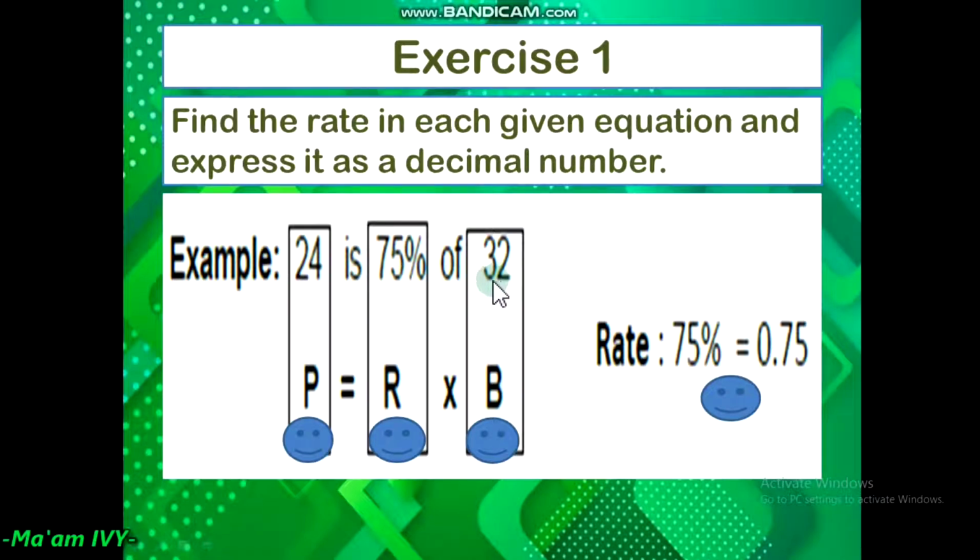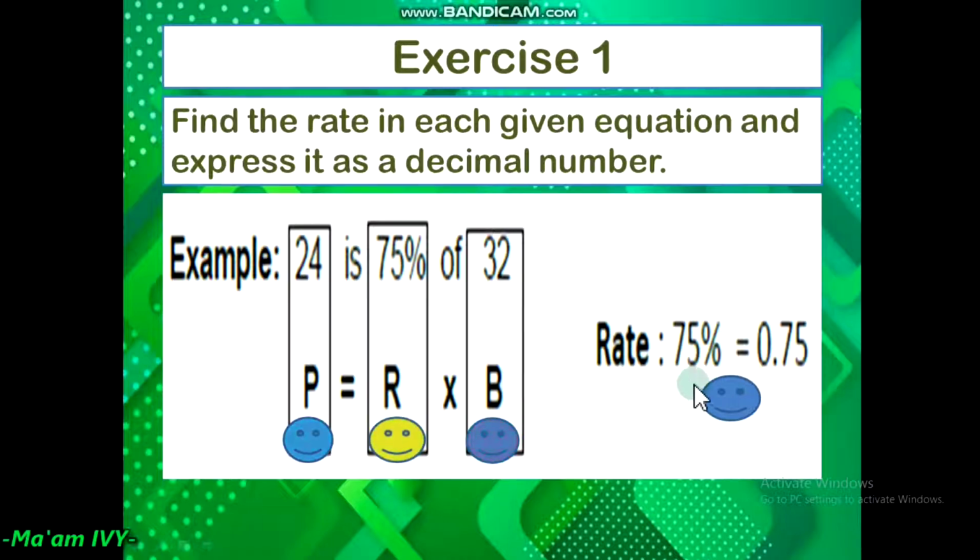Our percentage here is 24, 75% is our rate, and 32 is our base. So we identify our rate, which is 75%. We are going to express it as a decimal number.